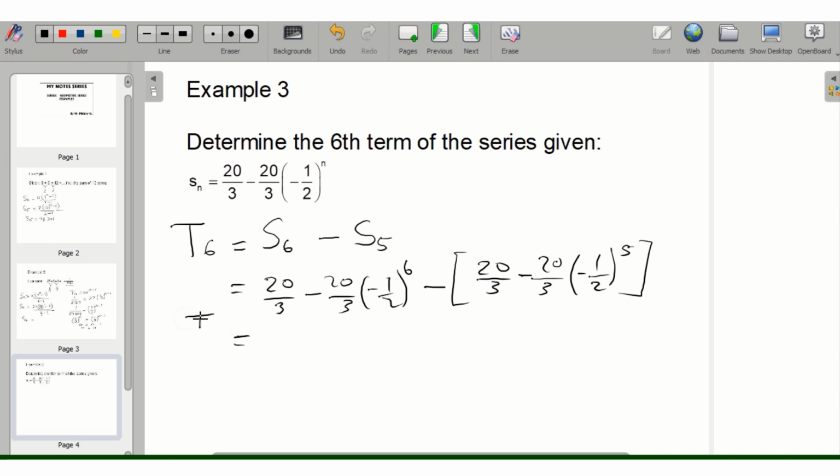So term 6 is going to be minus 5 over 16. Again, I need to emphasize this, you need to plug all of this in your calculator at once. There is no need to do it bit by bit. Just do it all at once and you will get term 6 to be minus 5 over 16.